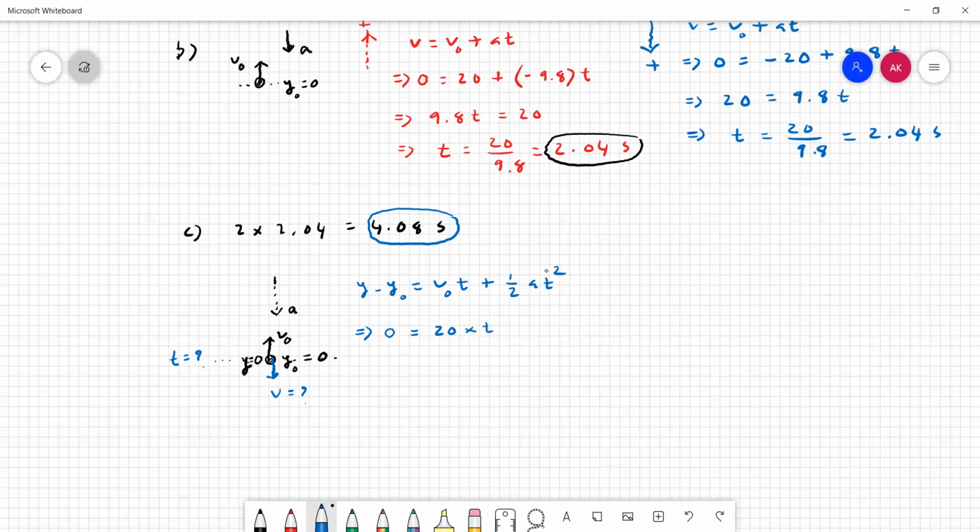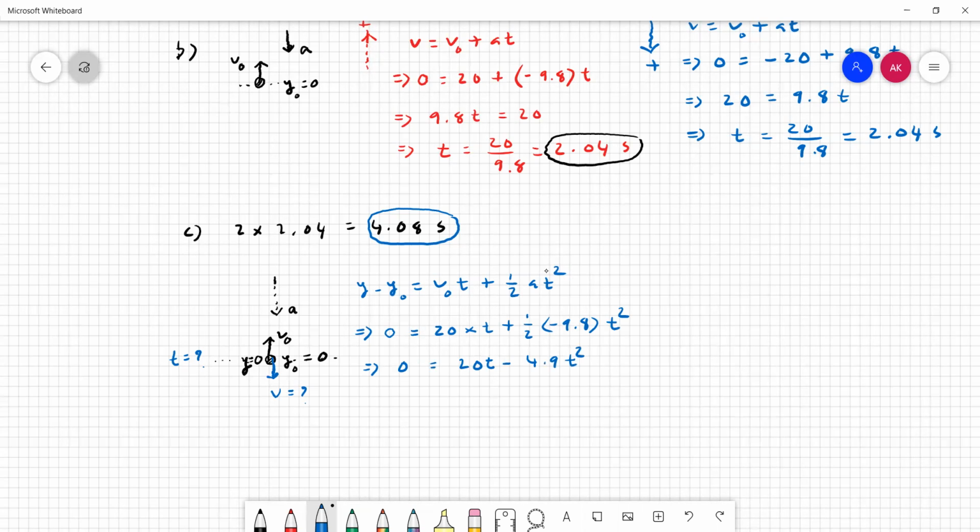T we don't know. We are trying to find that entire T. And if we use upward direction to be positive, a must be negative 9.8. Okay, so we see this is 20T minus 4.9 T squared.